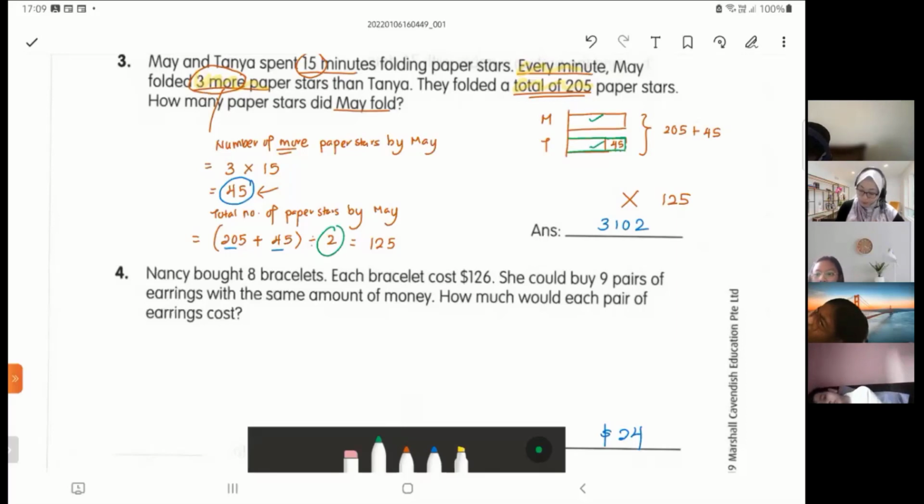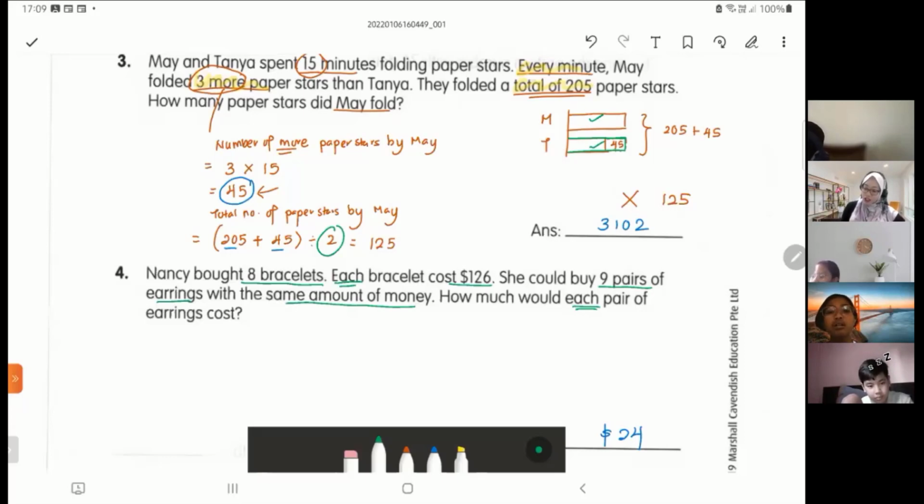Okay. Number 4. Nancy bought 8 bracelets. Each bracelet cost $126. She could buy 9 pairs of earrings with the same amount of money. How much would each pair of earrings cost?